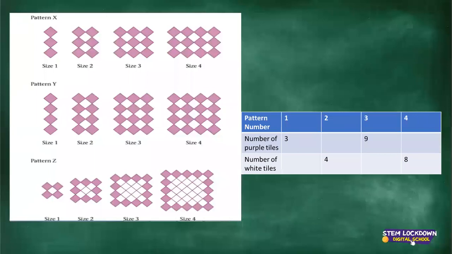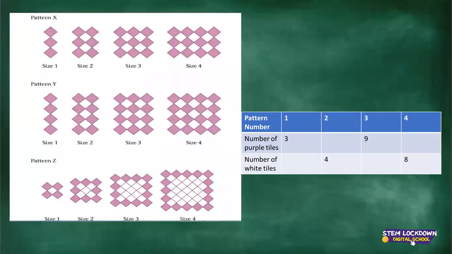Take the pattern number and multiply by the constant number, which is 4. So the correct answer for size number 5, Melande, will be 20. Remember, 4 multiplied by 5 is 20.